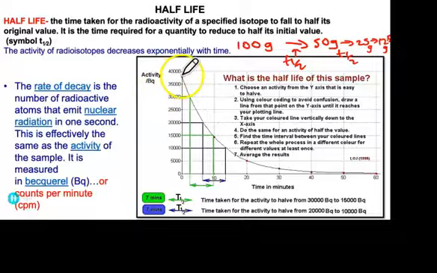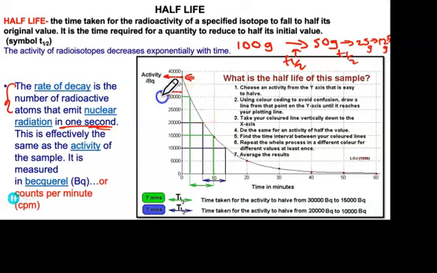So look at this graph. We are starting roughly here. The rate of decay is the number of radioactive atoms that emit nuclear radiation per second, so it's a rate. If I'm starting roughly there, and it's going this way, and I want to get the half-life, since I cannot read the numbers on here accurately, I'll go into the decaying curve and pick a number that I can halve easily.